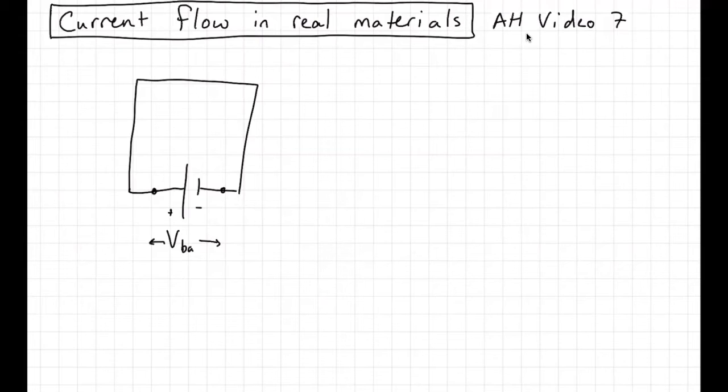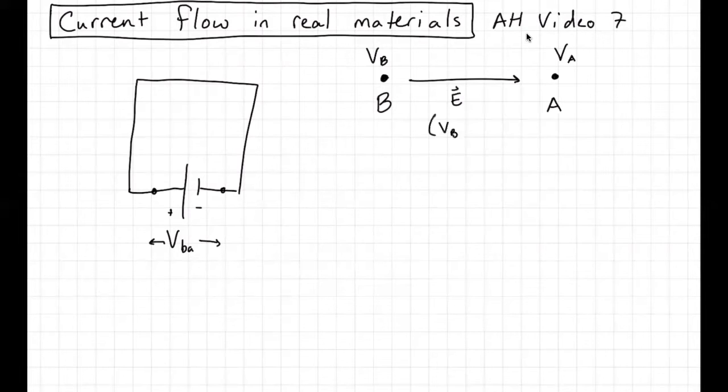So if I have a point B, and a point A here, and there's some VB and VA, if VB is higher than VA, that implies that there's some electric field this way, assuming VB is greater than VA.